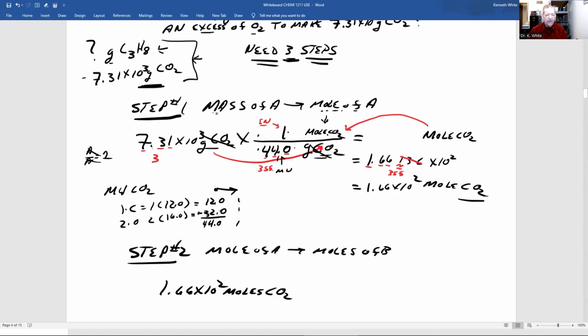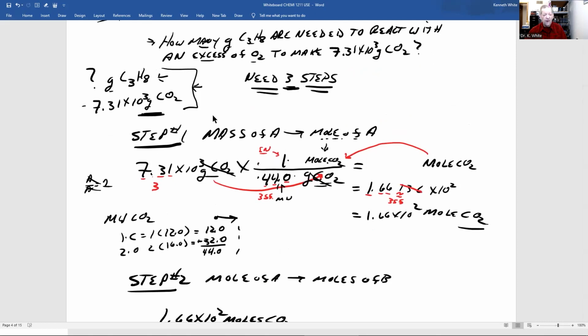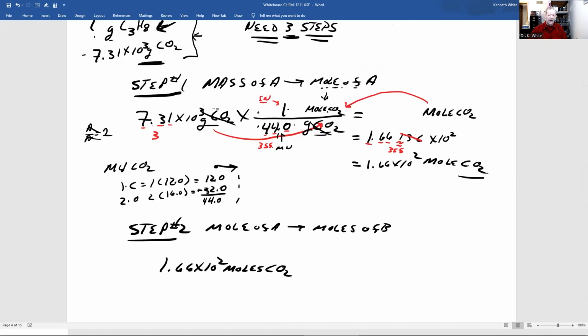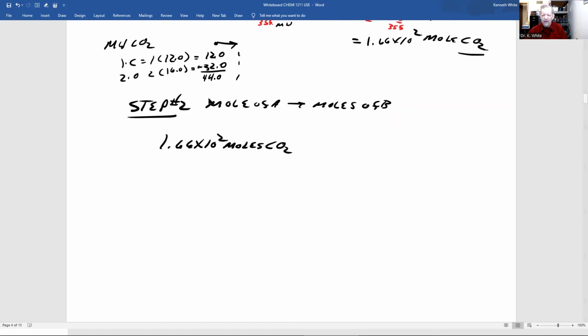What's B? Well, if we come up here, it's what we're trying to get to, propane. But in this case, not grams, we're trying to get moles. So if I have a ratio, I want to get to moles propane, C3H8. And now what units go on top and bottom of that ratio? Your turn.